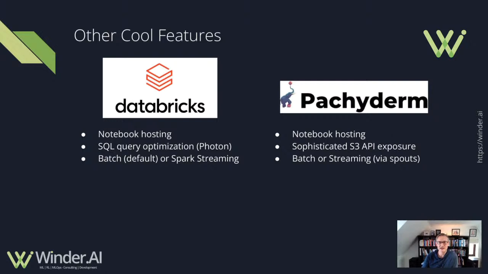Pachyderm also defaults to operating in batch, but it has a streaming capability via something called spouts. And it's another layer of configuration in the configuration file to define it as a streaming process rather than a batch process. So actually, it's very easy to switch between the two. It's almost a one-click experience as opposed to Spark Streaming and Spark, which are very different APIs.